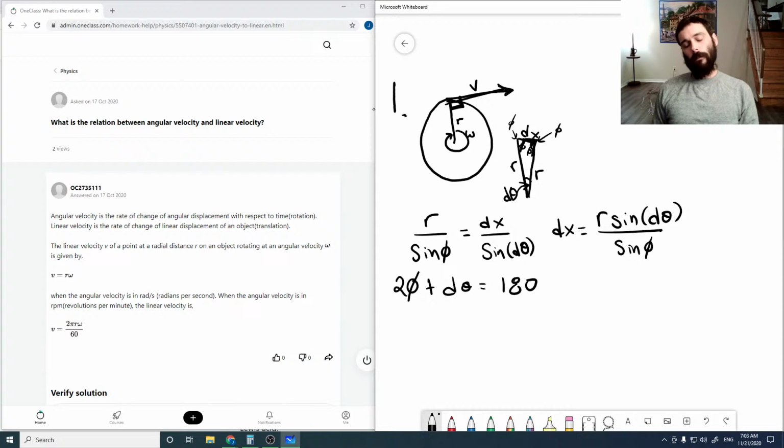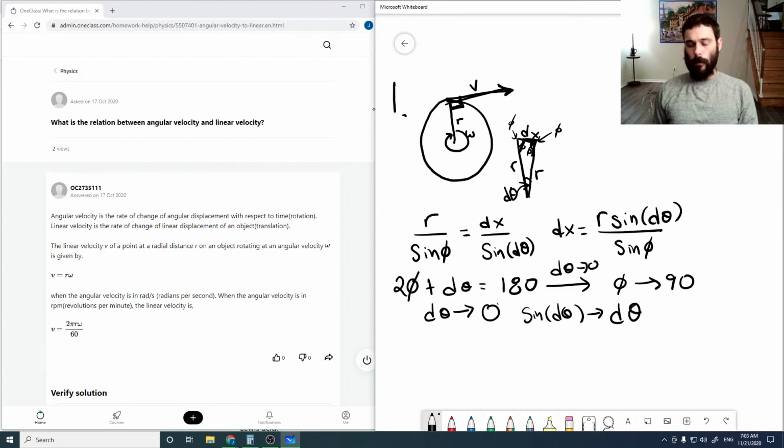And now if we take the limit as d theta goes to 0, then phi goes to 90 degrees, obviously, so I'll keep degrees on all these. So in our dx expression, as d theta goes to 0, sine d theta goes to d theta, and as phi goes to 90, sine phi goes to 1.